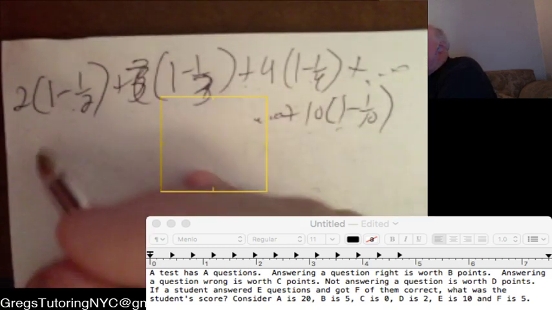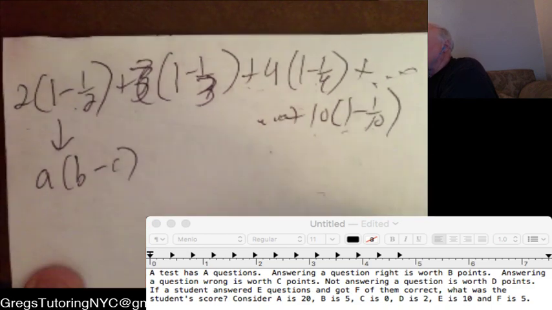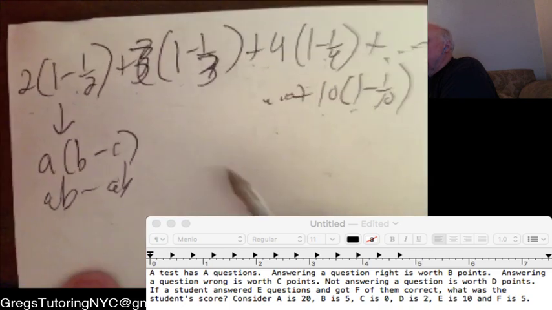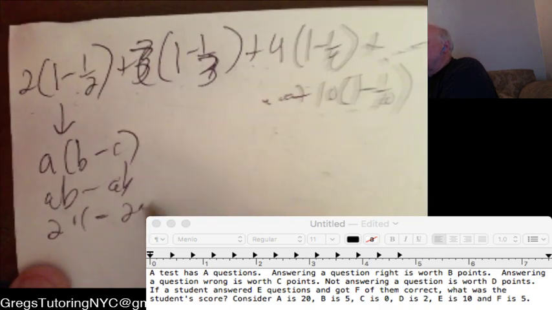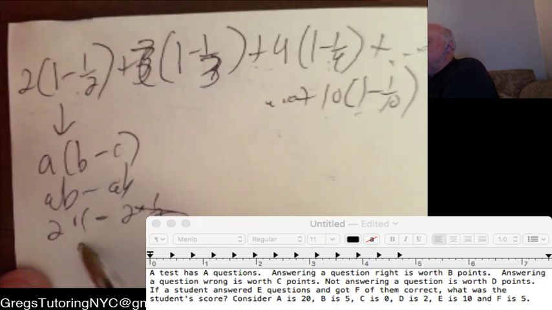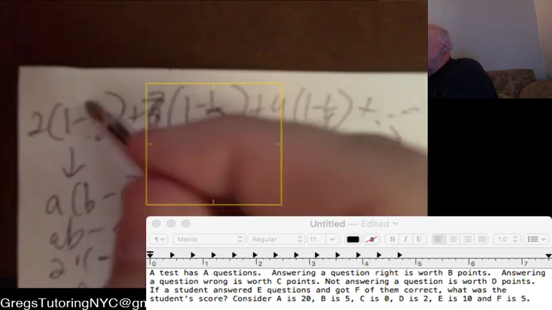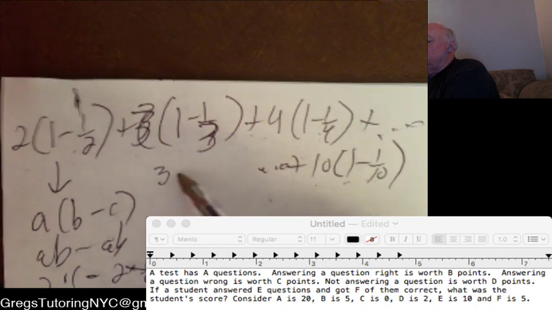Well, if you consider that this is really A times B minus C, this becomes AB minus AC. So we get 2 times 1 minus 2 times a half. This cancels out, and this is 2, so we have 2 minus 1, and we get 1. So this becomes 1. So this becomes 3 minus 1, right?